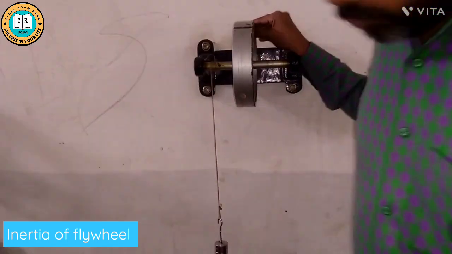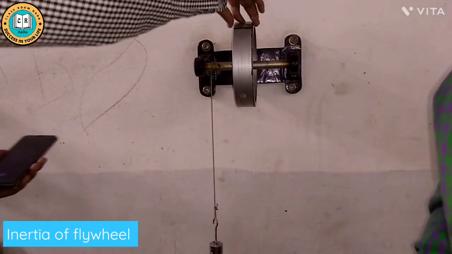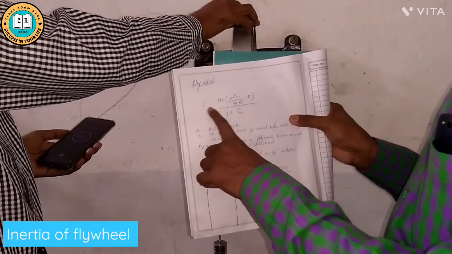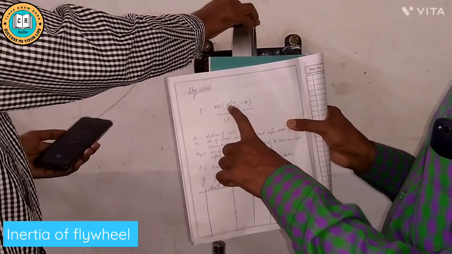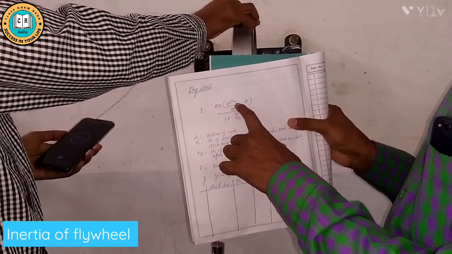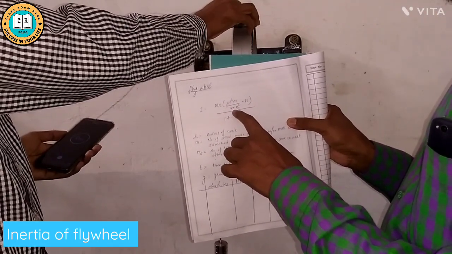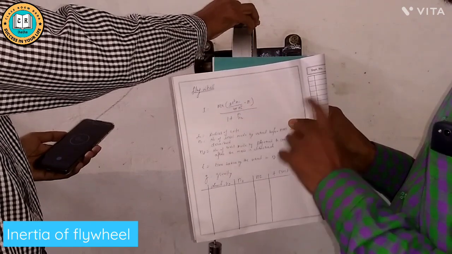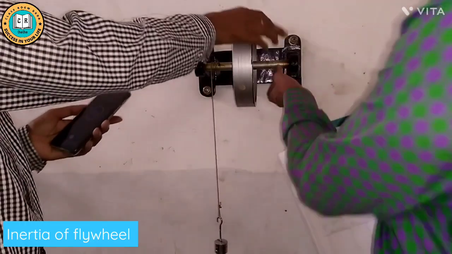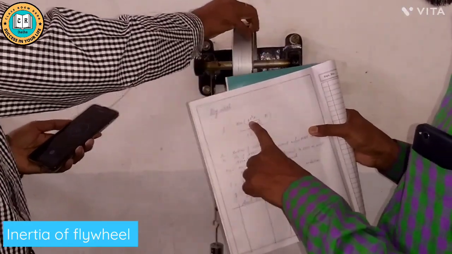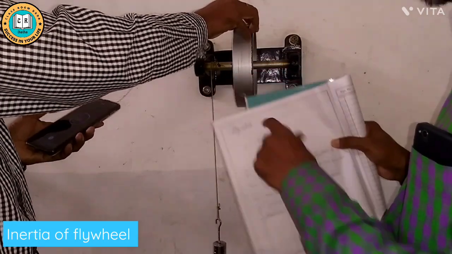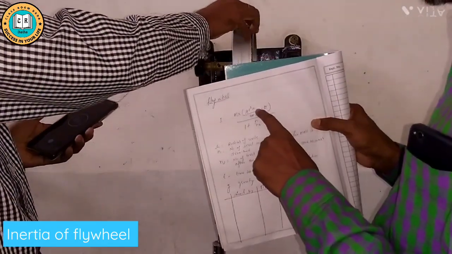When you see the formula for this apparatus, I equals m r ( g t squared / (4 pi N1 N2) minus r ). Here m is the mass suspended, r is the radius of the axle, g is the gravitational acceleration, and t is the time taken to come to rest after detachment.